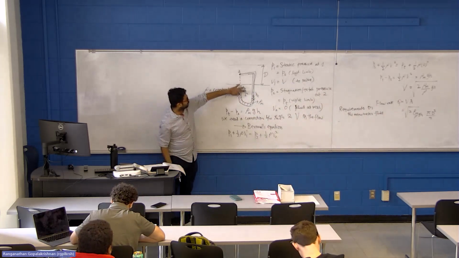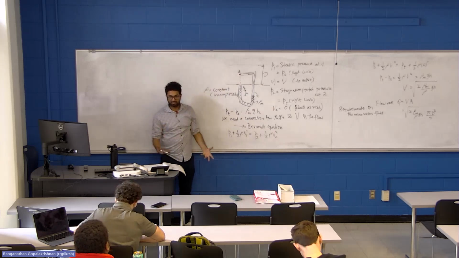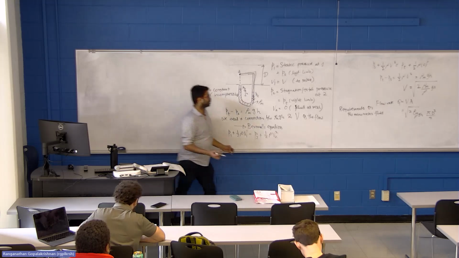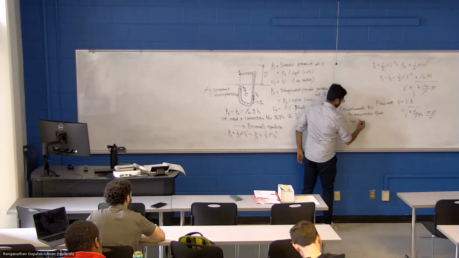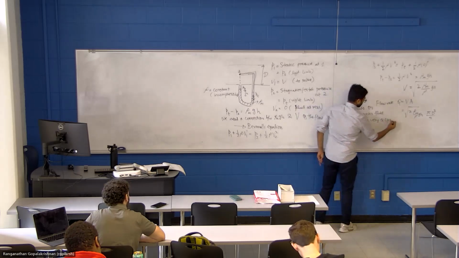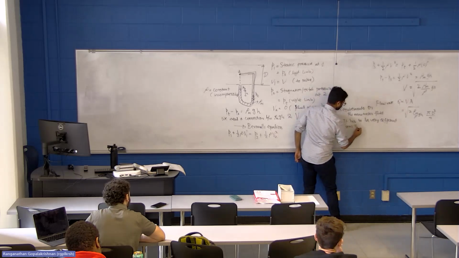If the manometer fluid and the fluid that you're trying to measure are one and the same, would this work? No. It won't work. So it has to be very different from the fluid that we are trying to measure.